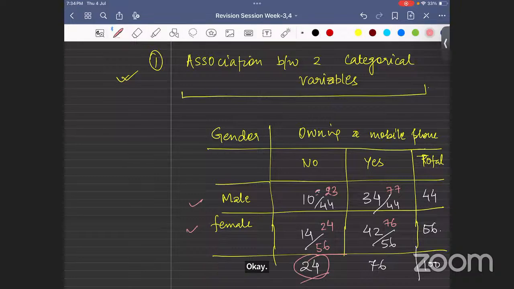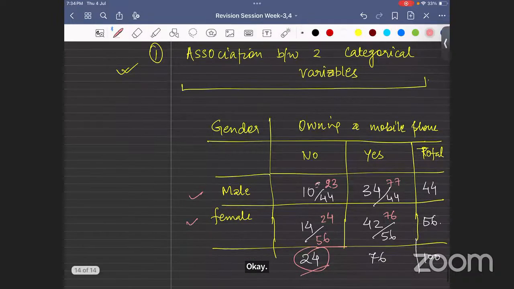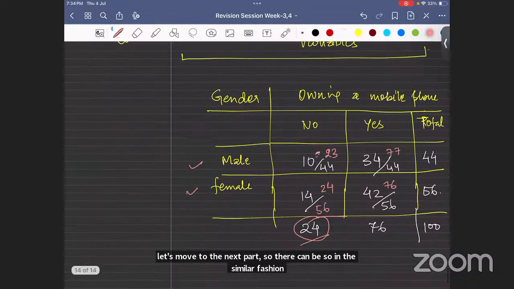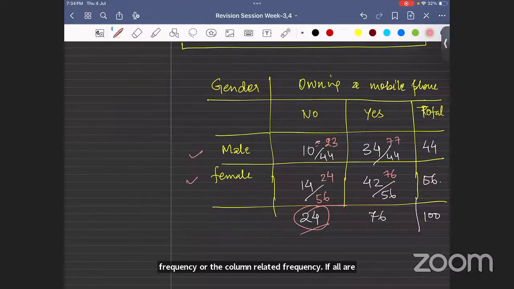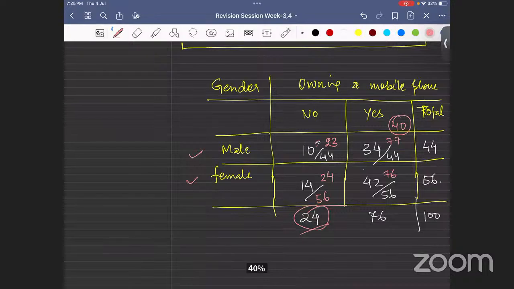Now let's move to the next part. In a similar fashion, it can be either the row relative frequency or the column relative frequency. If all are the same, then you can assume that there is no relation or no association between these two variables. But if you are getting different percentages, for example, if for the male you are getting something like 40%, and for the female you are getting something like 70 or 80%, then you can say that the gender is affecting the ownership of the phone.